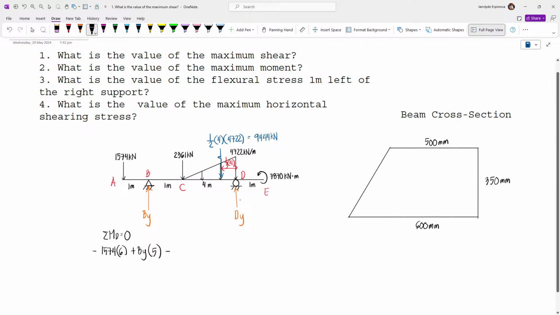And then minus 2361 times a moment arm of 4 meters. And then we have the resultant load, that's still minus 9444 multiplied by the moment arm, which is 1/3 of 4.